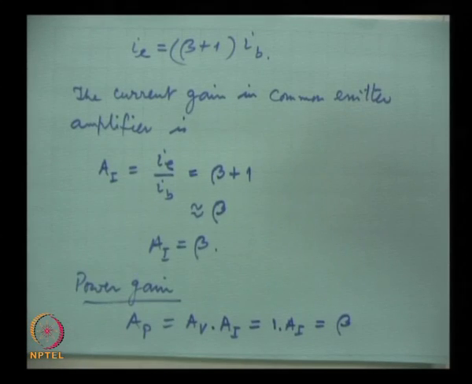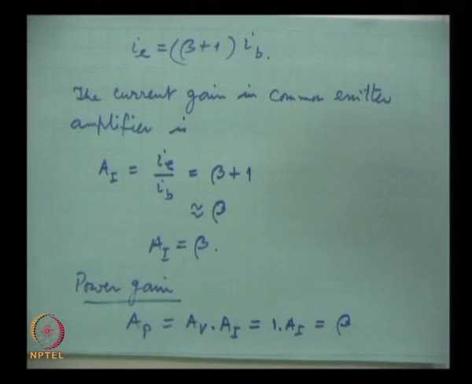Now, in emitter follower, the level of the signal goes up, it raises the power level, though there is no voltage gain, but because of the current gain the strength of the signal goes up beta times in this amplifier.